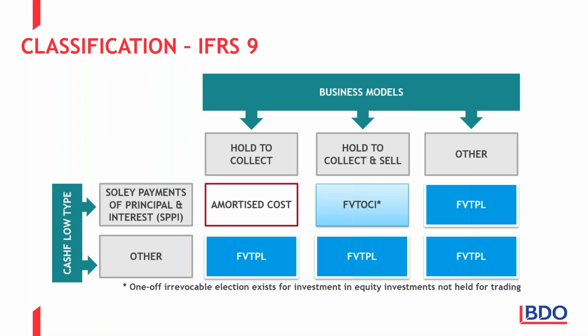And if it's neither of those, then you get to fair value through profit and loss. And remember, we said fair value through profit and loss is like the residual catch-all category. If you don't pass the SPPI test, you go straight to fair value through profit and loss. So very important when we think about classification, and in particular classification around debt instruments, important to consider your cash flow type and your business model and how they interact.